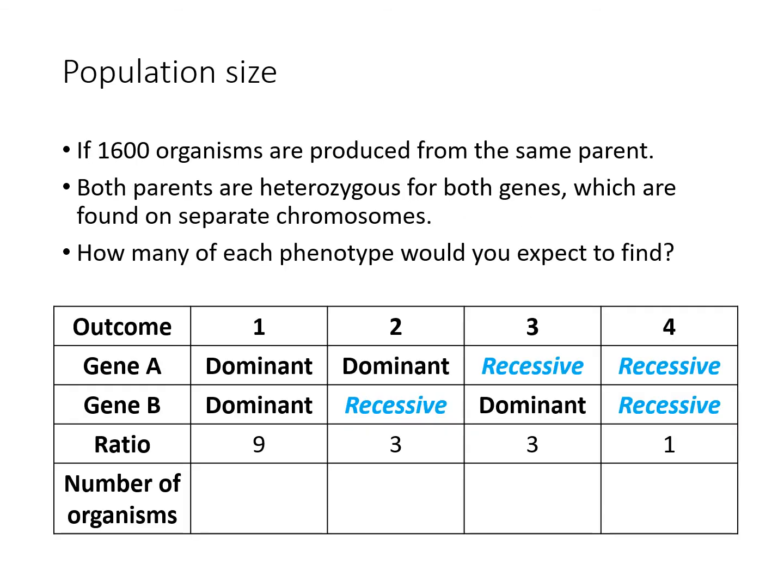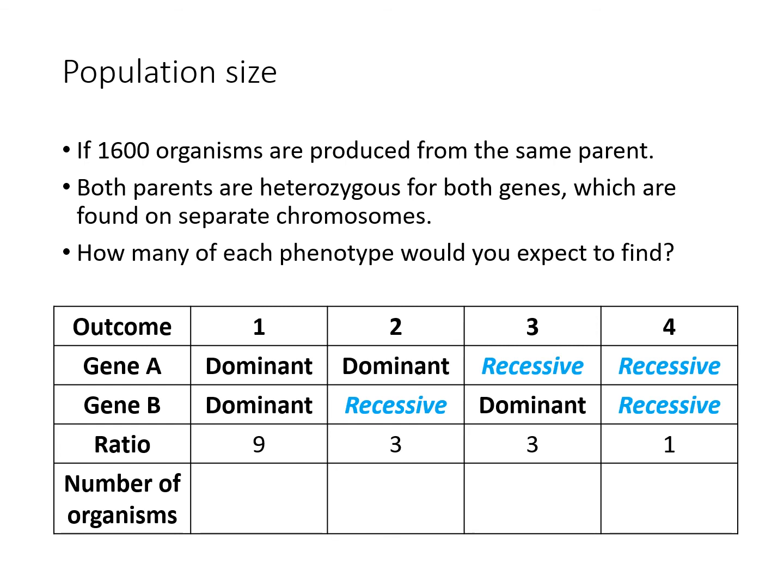Another type of question, or possibly a follow-up to the previous inheritance type question that could appear in the exam, is where you're asked to work out the number of organisms that would have each of the possible phenotype combinations. Again, this will work if you have the ratios. I've gone with the standard 9:3:3:1 ratio, which is 2 heterozygous parents, and both parents are heterozygous for both genes.